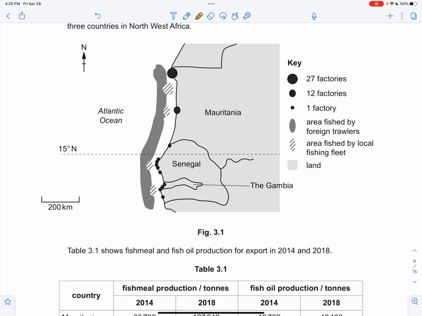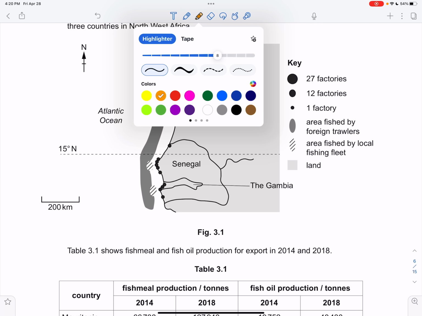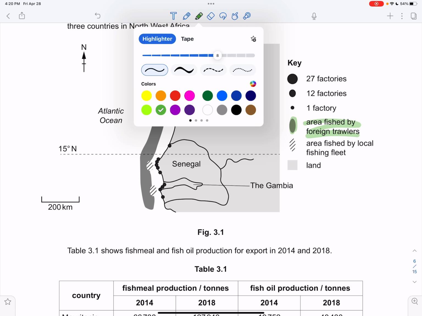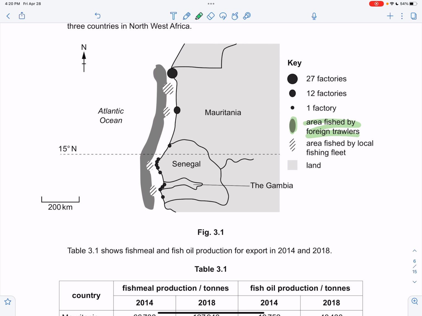Things that I noticed, first of all, is the area fished by foreign trawlers. So whether they're pelagic trawlers or bottom trawlers, hopefully not bottom trawlers. Never mind, I just answered my own question.